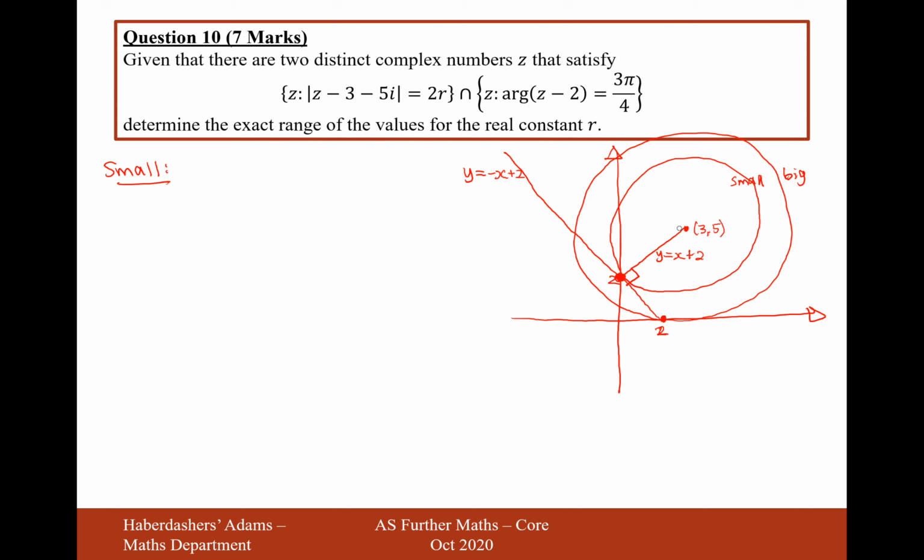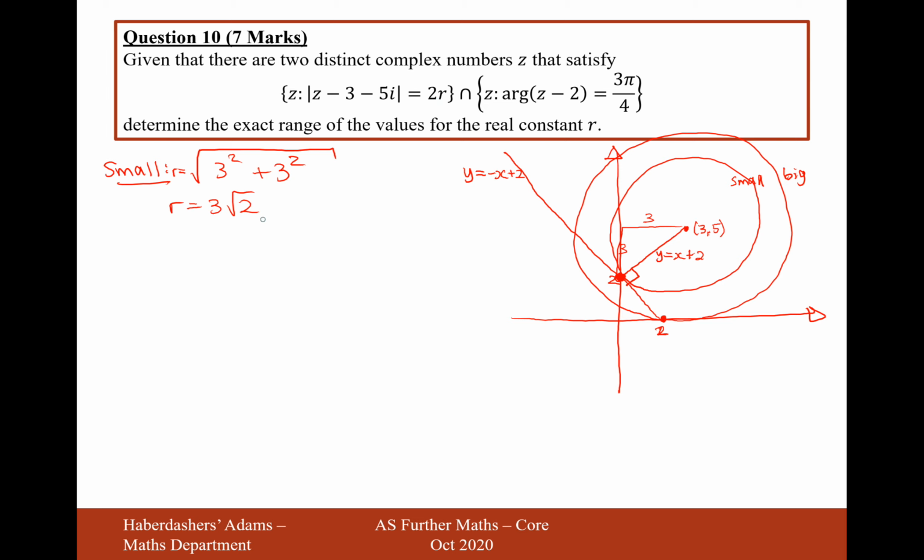So let's work out the radius here. If that's (0, 2), then it's going to be 3 to the right and 3 down, so that's going to be the square root of 3 squared plus 3 squared, which is 3 root 2.